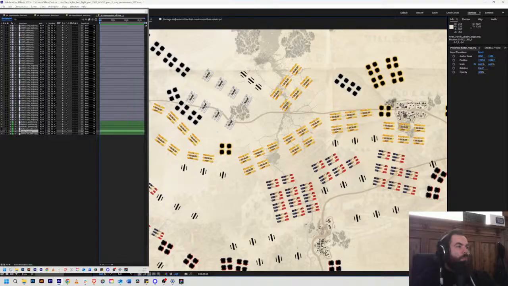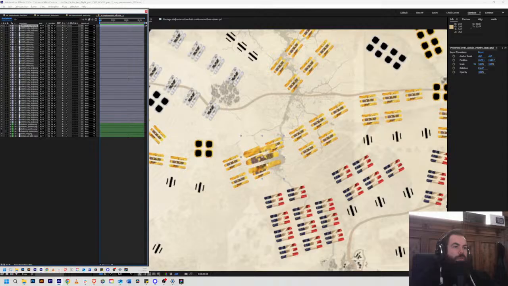So let's bring in some Russian units. Russian infantry.